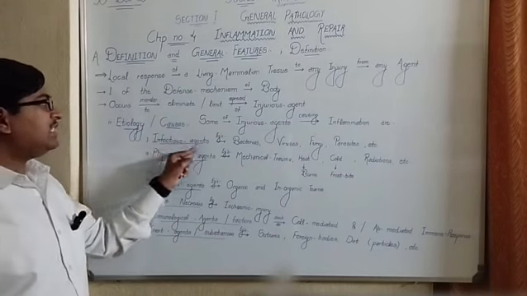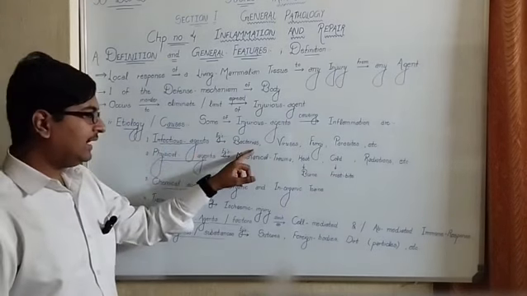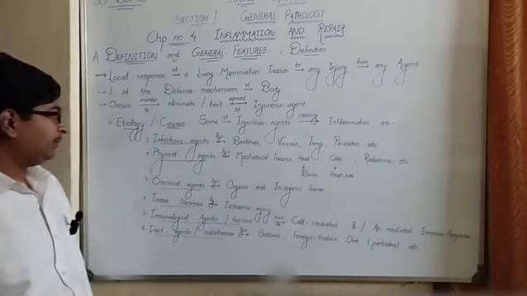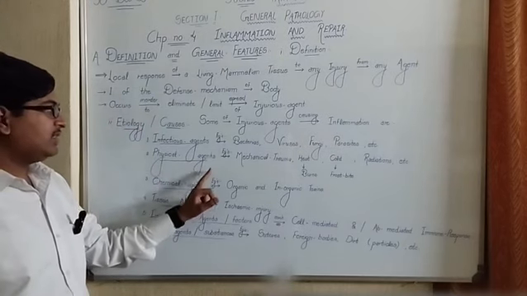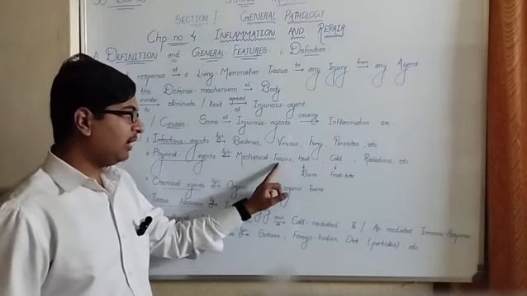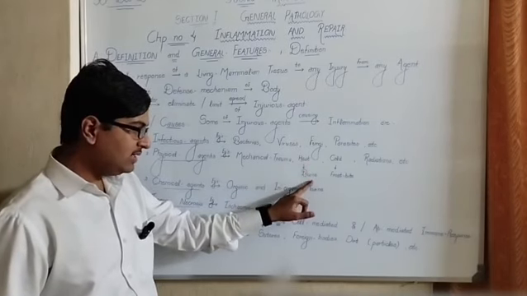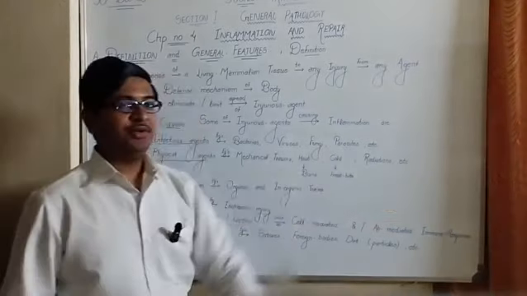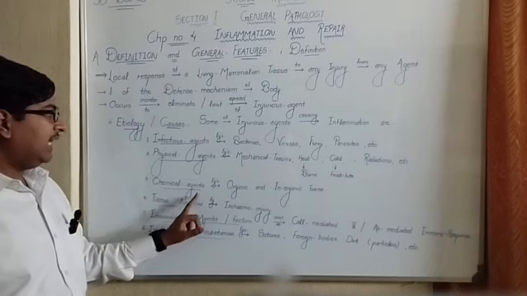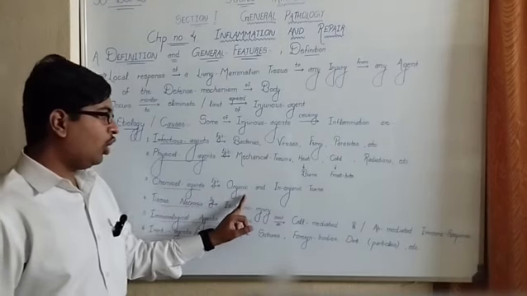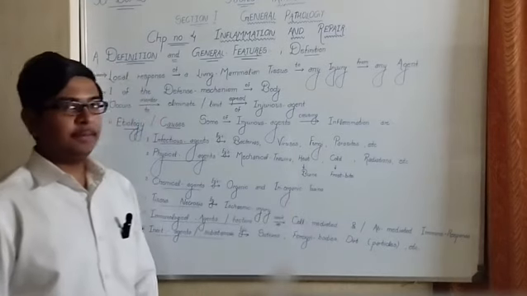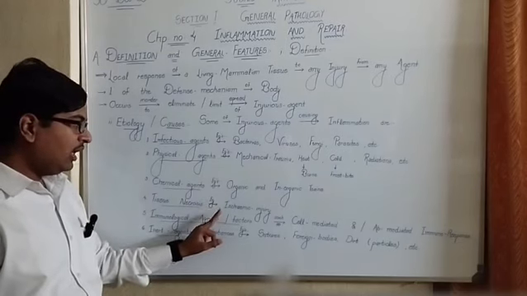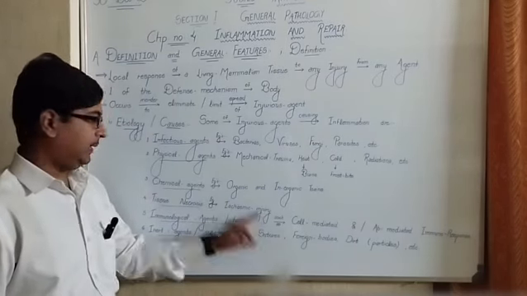First, infectious agents, for example bacteria, viruses, fungi, parasites, etc. Second, physical agents, for example mechanical trauma, heat, which causes burns and in turn inflammation, cold, radiations, etc. Third, chemical agents, for example organic and inorganic toxins. Fourth, tissue necrosis, for example in cases of ischemic injury.